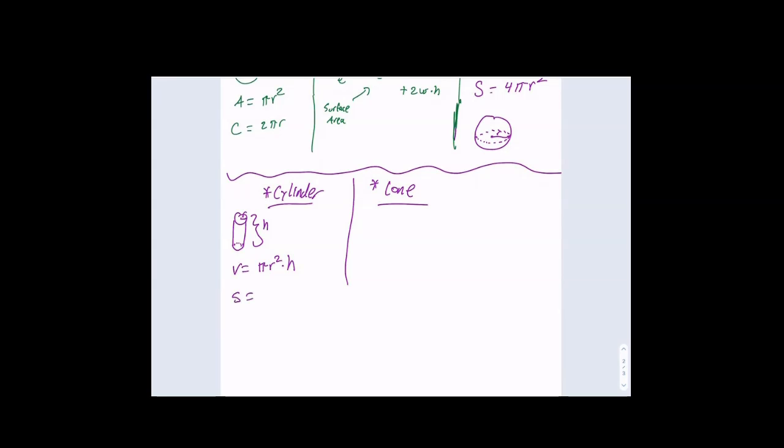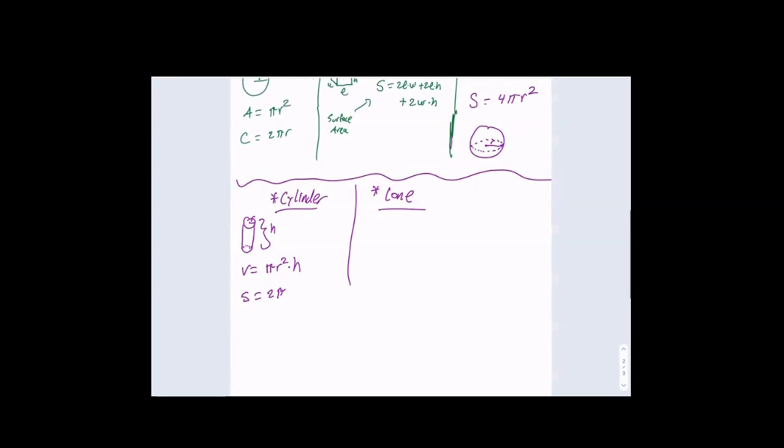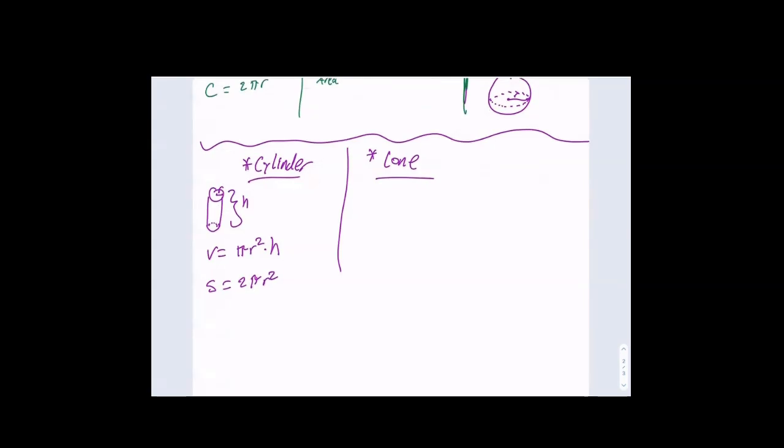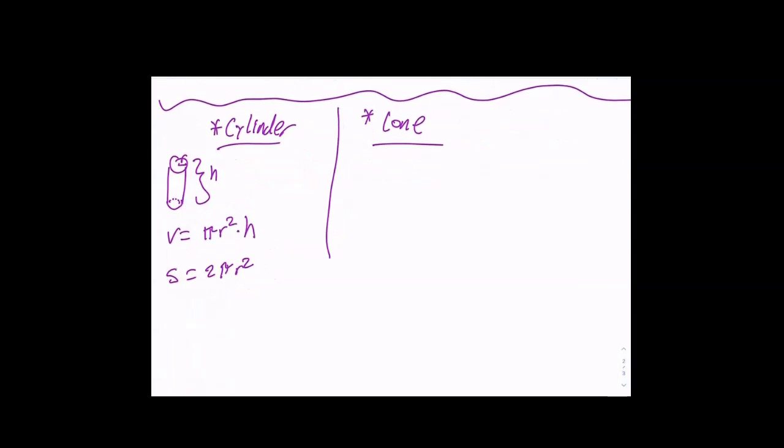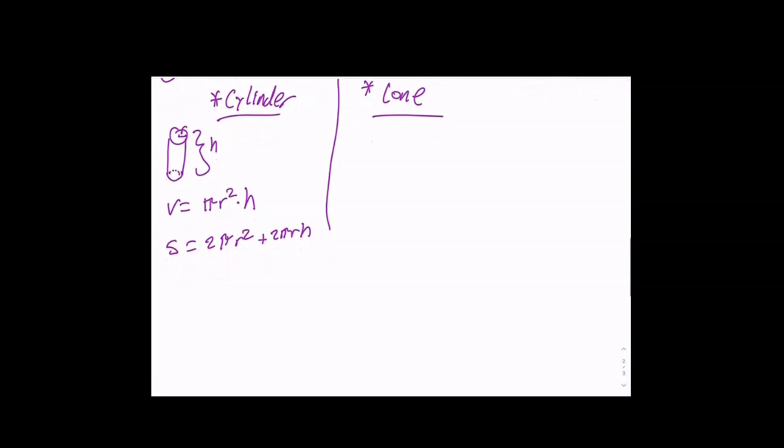The surface area is equal to 2 pi r squared, the circle on the top plus the circle on the bottom, plus 2 pi r h. And L, which stands for the lateral surface area, just the area around the side, would just be that second piece, which is 2 pi r h.